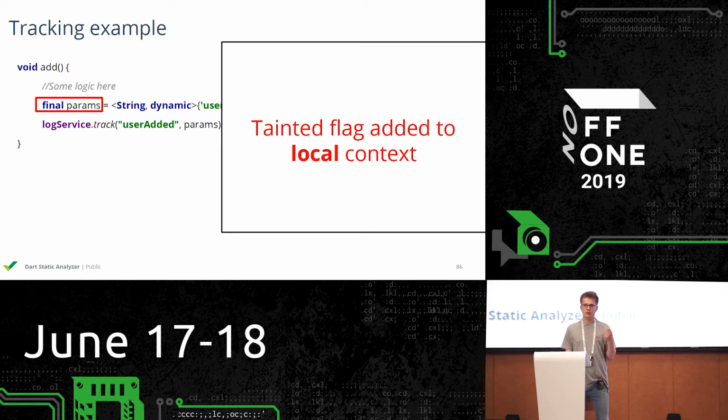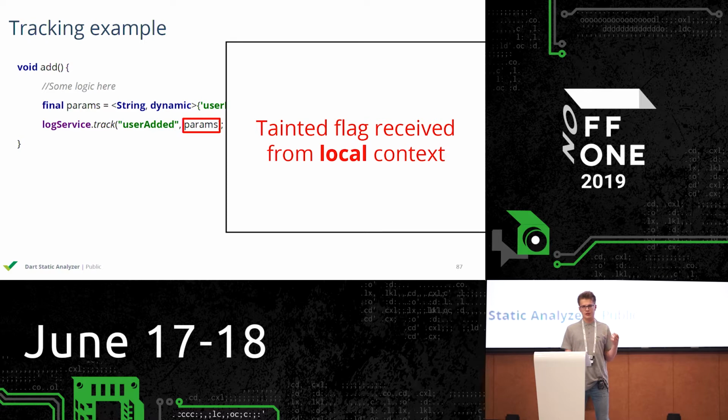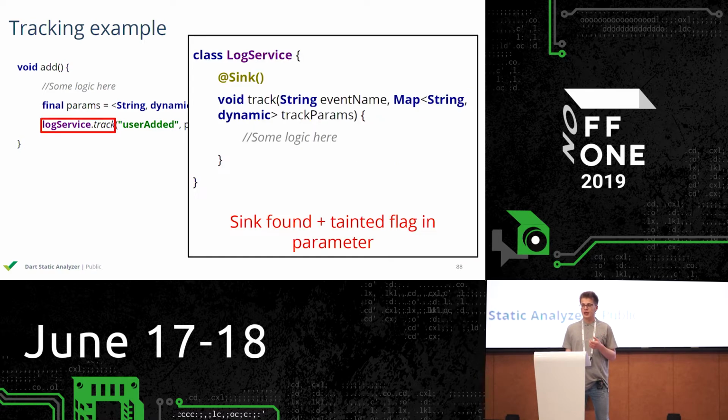Then it keeps going along the flow and sees that we have the variable, and in the local context it marks that this variable also contains this tainted flag. Okay, we keep going. Then there is a call for certain methods, and we remember that in our local context, two times we've noted that this personal data has a tainted flag.